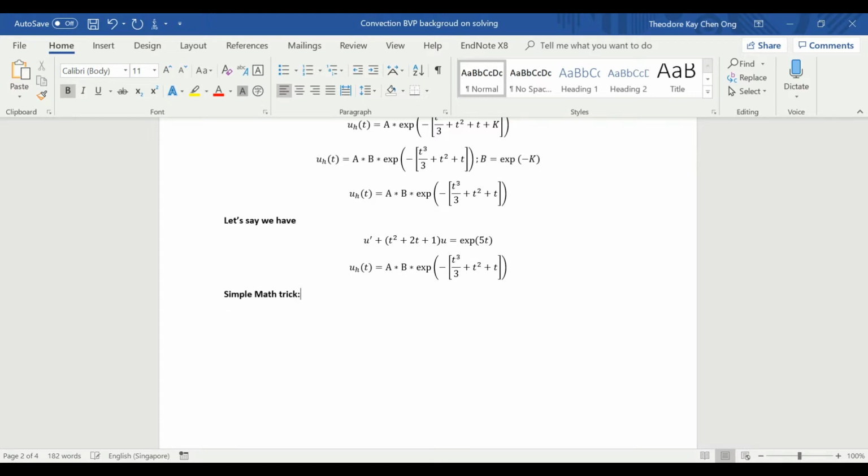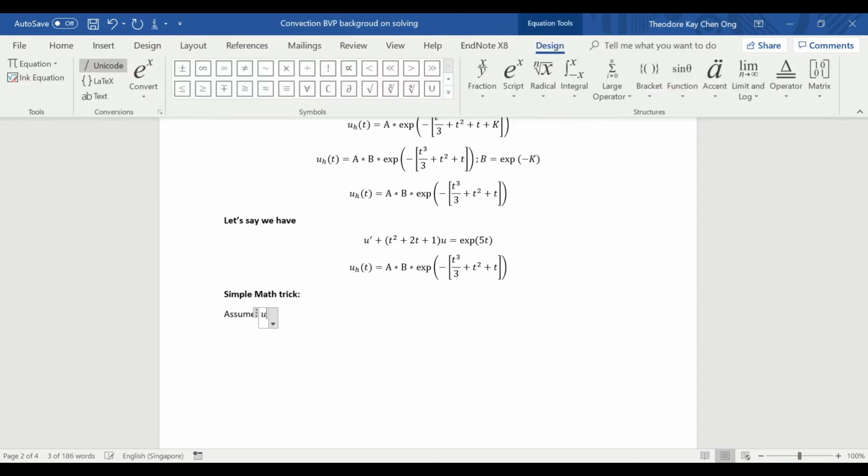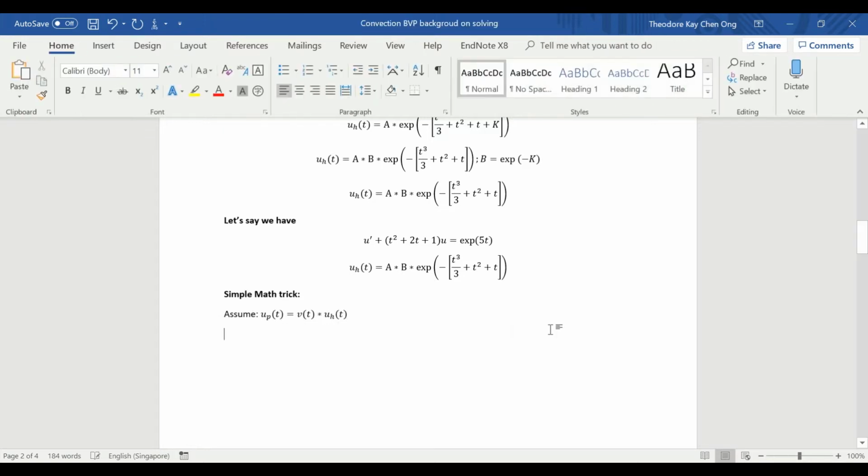Okay, what we assume is that the particular solution of t is some function times the homogeneous solution of t. Okay, so this is very important for variation of parameters.